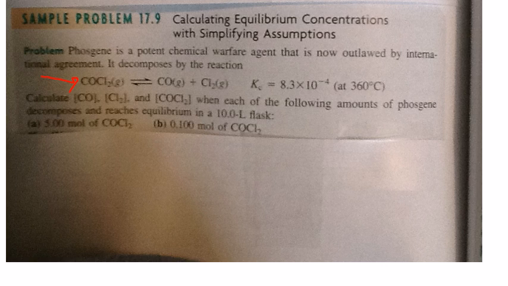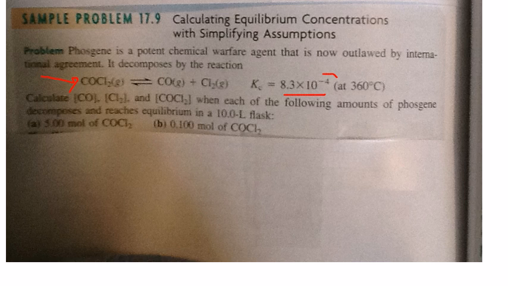This substance decomposes to carbon monoxide and chlorine gas, and the Kc for this is 8.3 times 10 to the negative 4. One thing I want to point out is it's 10 to the negative 4. That's pretty small. You can use the assumption we're going to talk about if your Kc is small, 10 to the negative 4, or even smaller, 10 to the negative 5, 6, 7.